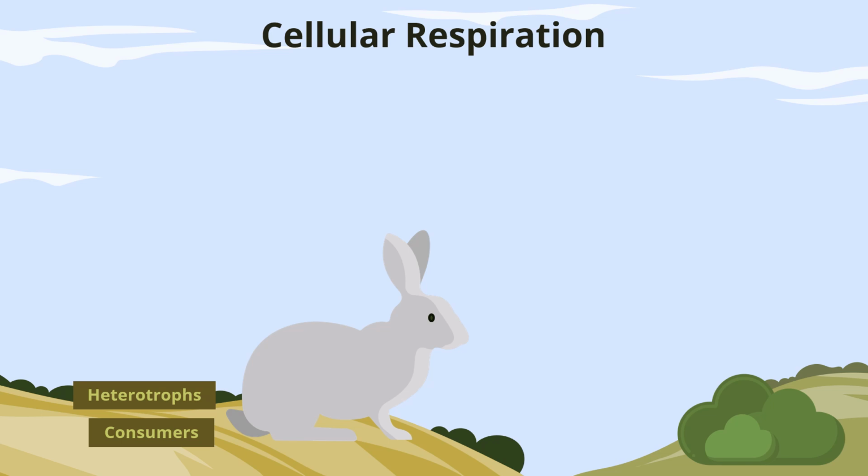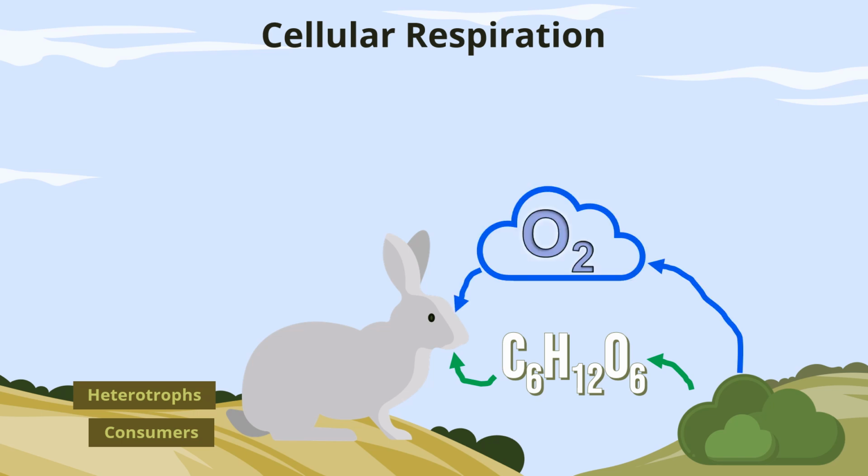So animals, even animals who eat plants or who are vegetarian, vegan, whatever, they are still heterotrophs and consumers. So what happens is us animals, we are able to eat the plant and gain that glucose, those nutrients, as well as breathe in the oxygen, which is being produced as a waste product from photosynthesis.